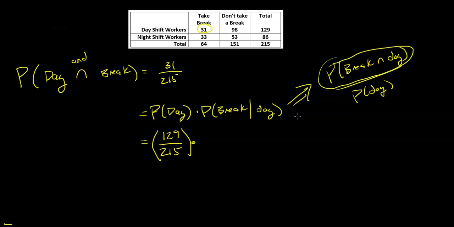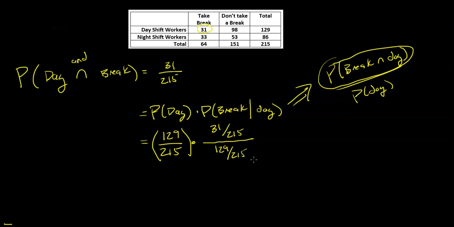Well, exactly. That's what I'm trying to teach you. Look in the chart. Day shift and break is 31 people. So the and is 31 out of 215.